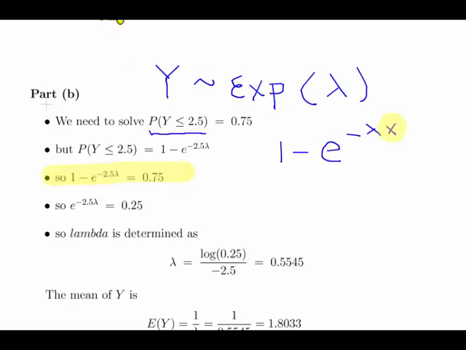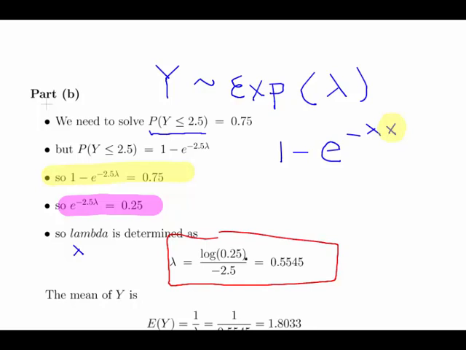Rearranging that algebraically, we can specify that as e to the minus 2.5 lambda equals 0.25. So lambda can be determined as the log of 0.25 divided by minus 2.5, and it should result in an answer close to 0.5545.